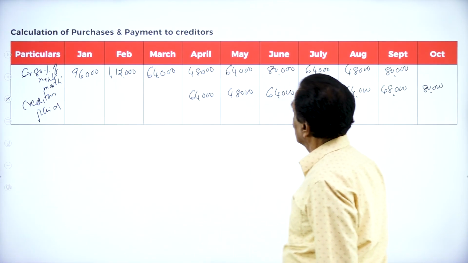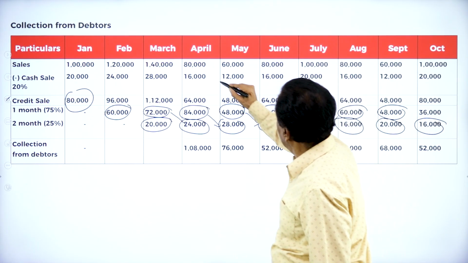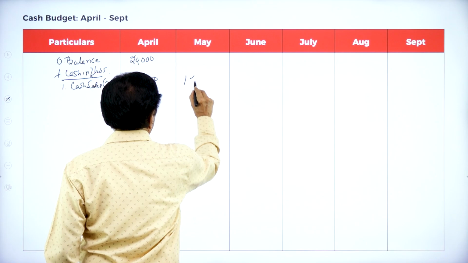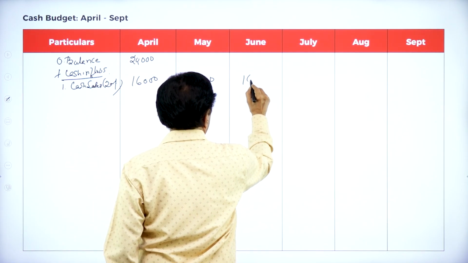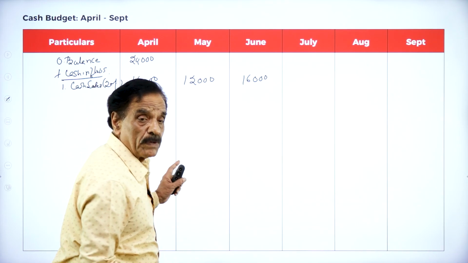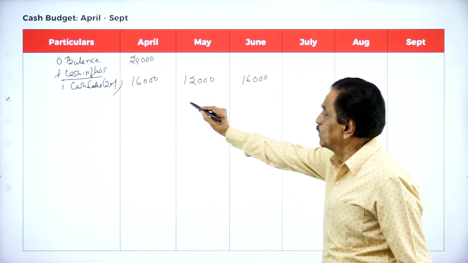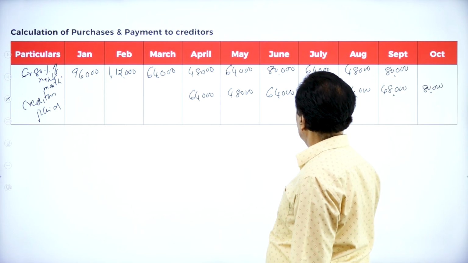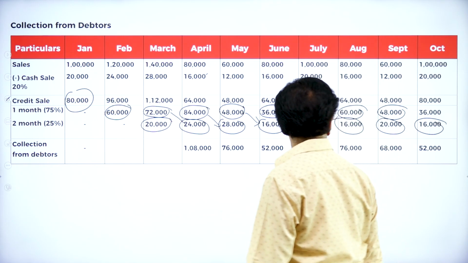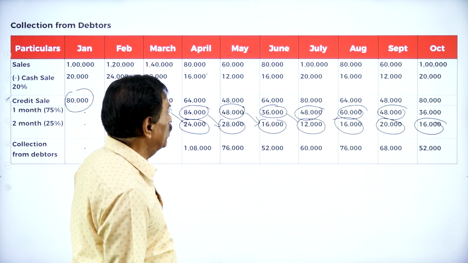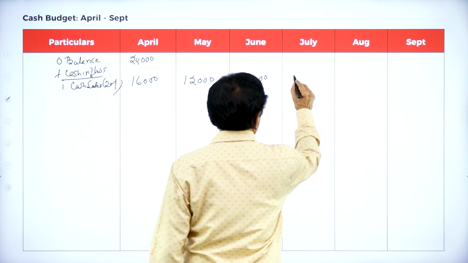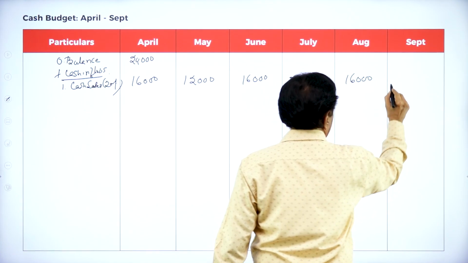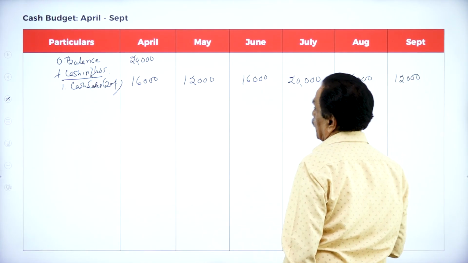May 12,000, then 16,000, 12,000, 16,000. So this is 20% of the sale. June 16,000, July 20,000, 16,000, 12,000, 20,000, 16,000, 12,000. This is your cash sale.